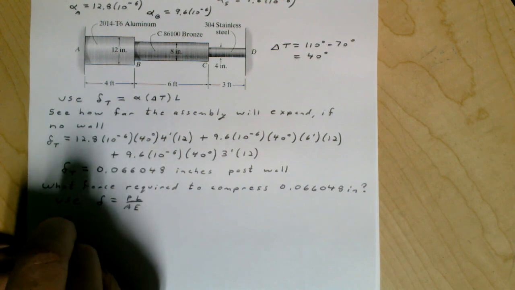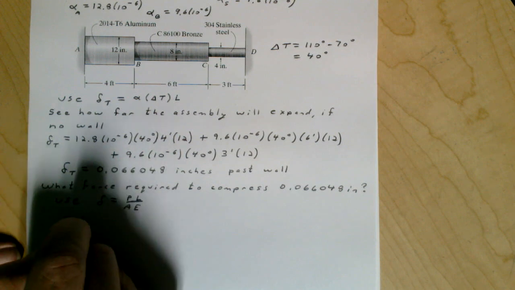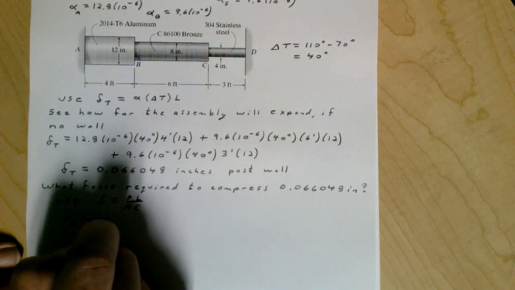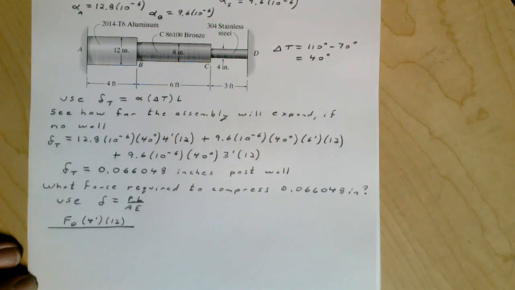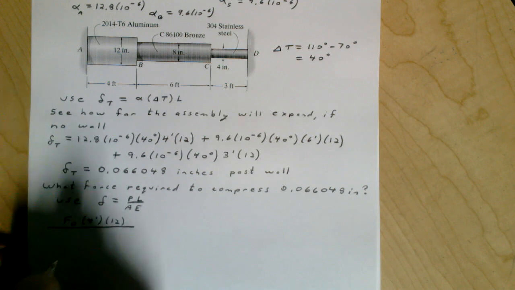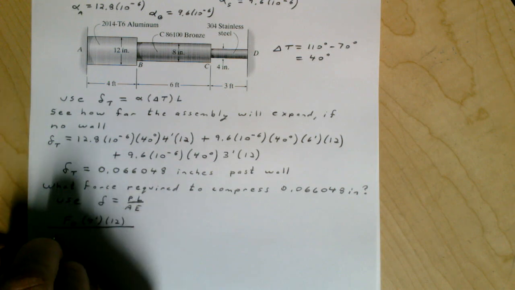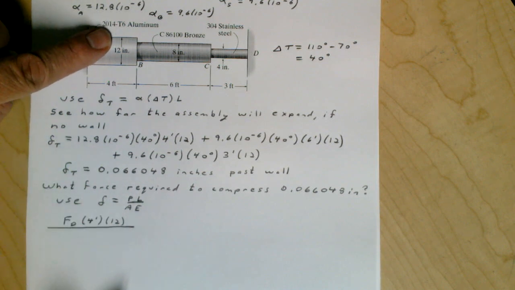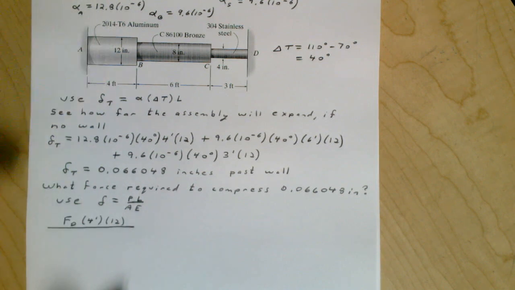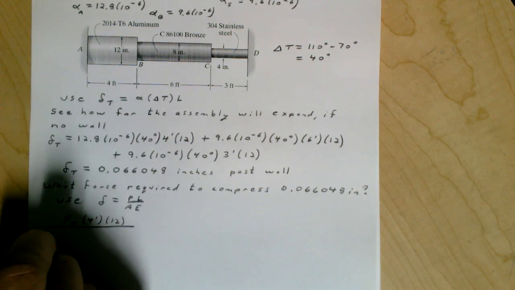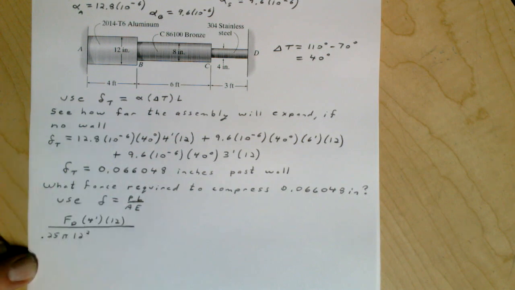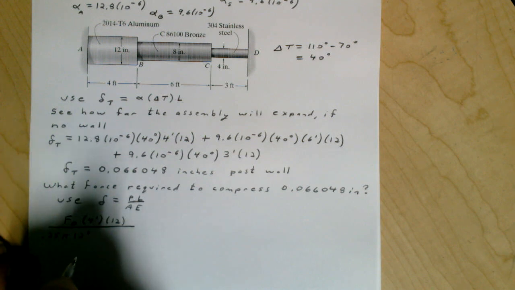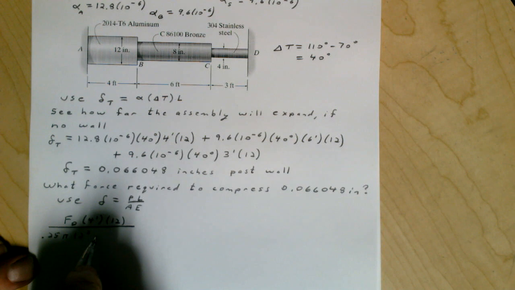So that's going to be FD, and the aluminum is 4 feet long, and we want to convert that to inches. And then the area of the aluminum is 12 inches in diameter, so the area is going to be 0.25 pi times 12 squared. And then we're going to need the Young's modulus for aluminum.